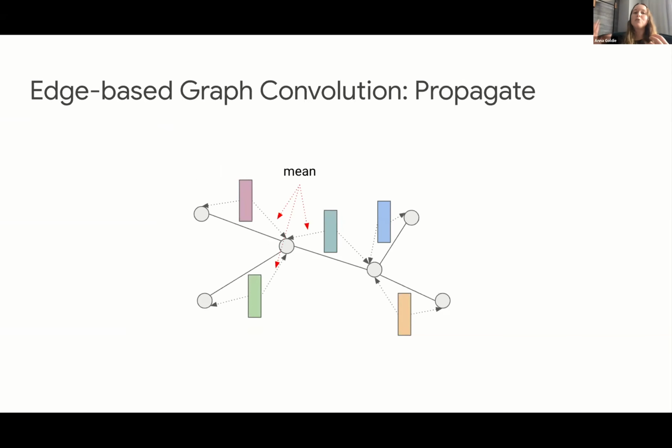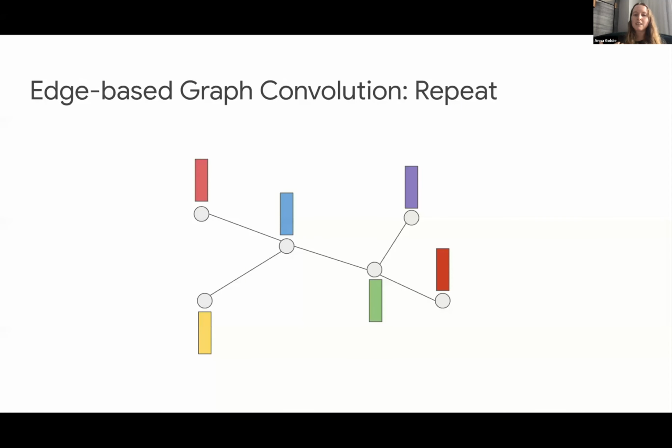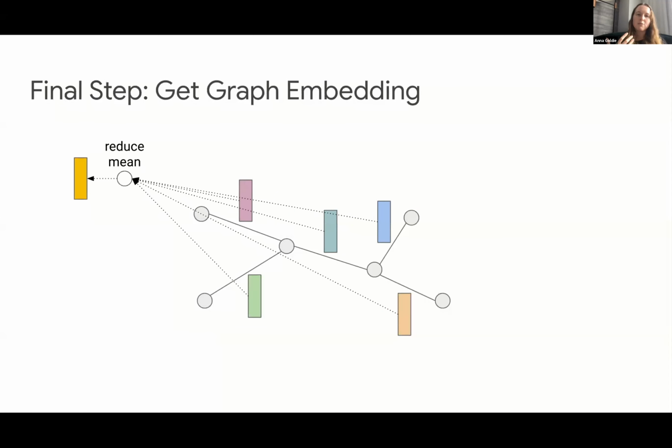Then we get a new representation for each node by taking the mean of the representation for each edge it participates in, and then we rinse and repeat. We found that in practice 7 times worked well for our problems, meaning that each node is affected by the nodes within its 7-hop neighborhood. And at the end, if you want a representation for the entire graph, you can just take the mean of all the edges.